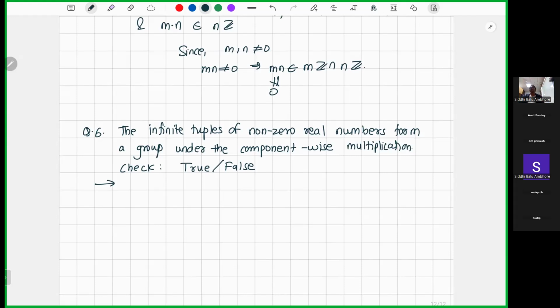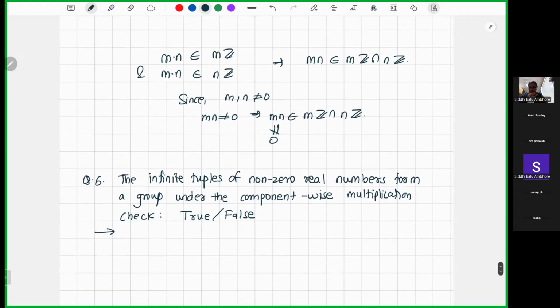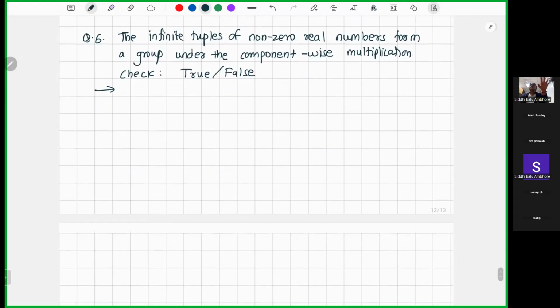Any guesses whether this is true or false? So first of all, since this is a real number at each component, let me just write this formally.